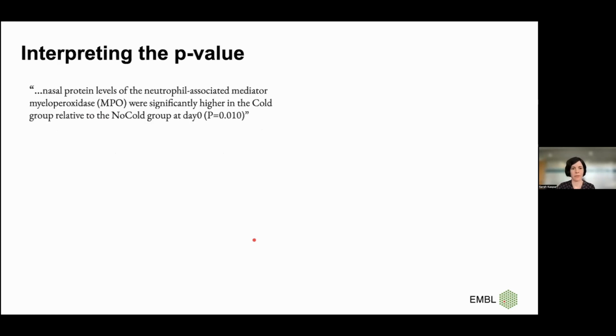And now that you learned a little bit where the p-value comes from, let's start from such a statement and dissect it a little bit, and let's see what we can say about this and what else we should ask for.